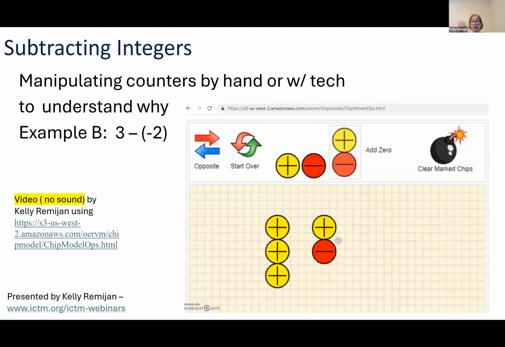So if I bring one pair down and another pair down, I now have 3 plus 0, which is still 3, minus, I'm going to take away 2 negatives, and then that's going to give me my answer of 5 positives, or a positive 5. And again, maybe you never saw it this way, but it's a different way of looking at adding and subtracting integers.